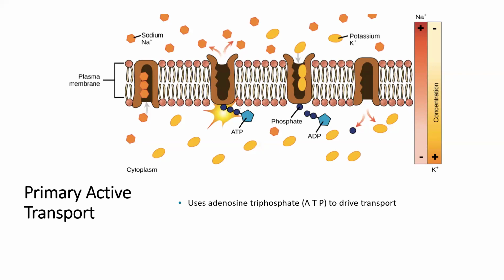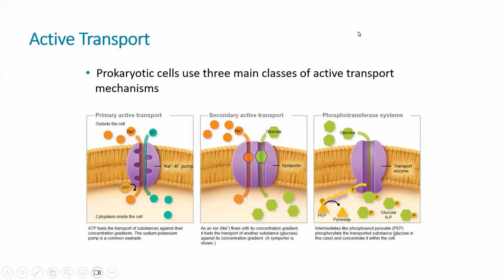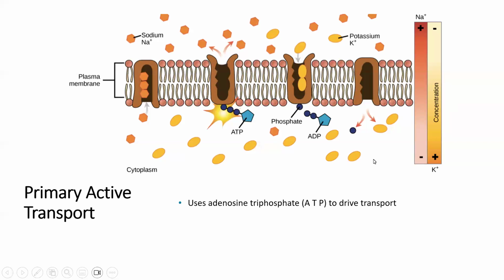And probably the most common one is the sodium potassium pump, where sodium goes from high concentration outside of the cell to inside of the cell, and potassium goes the opposite direction. If we look here, I said it backwards there: the sodium is actually going out of the cell, and then the potassium is coming into the cell.